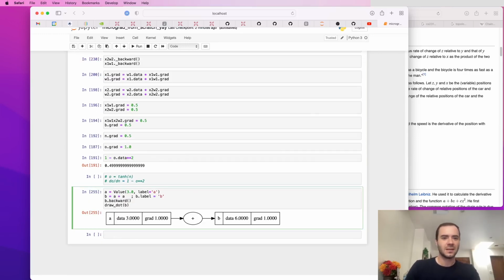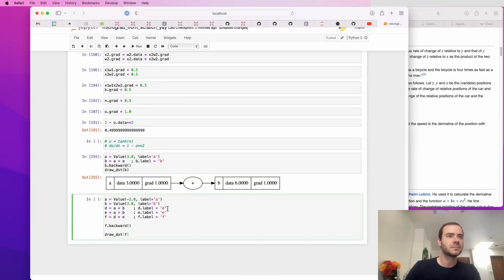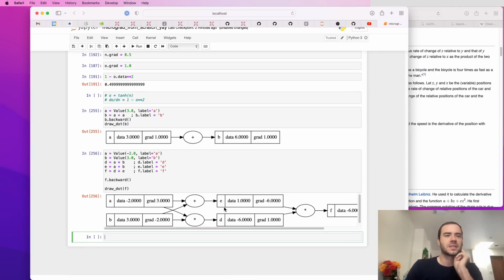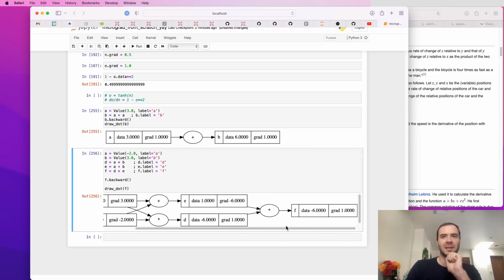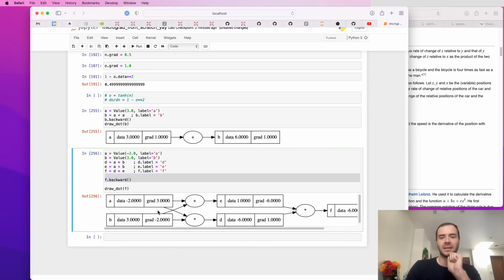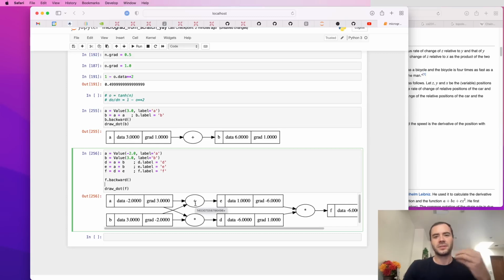So that's a problem. There's another way to see this in a little bit more complicated expression. So here we have A and B, and then D will be the multiplication of the 2, and E will be the addition of the 2. And then we multiply E times D to get F, and then we call F.backward. And these gradients, if you check, will be incorrect. So fundamentally what's happening here, again, is we're going to see an issue anytime we use a variable more than once.